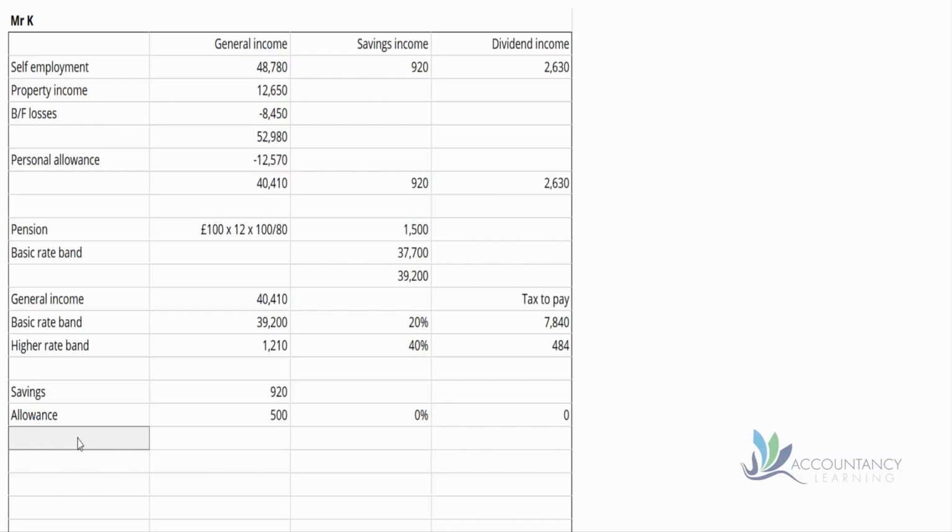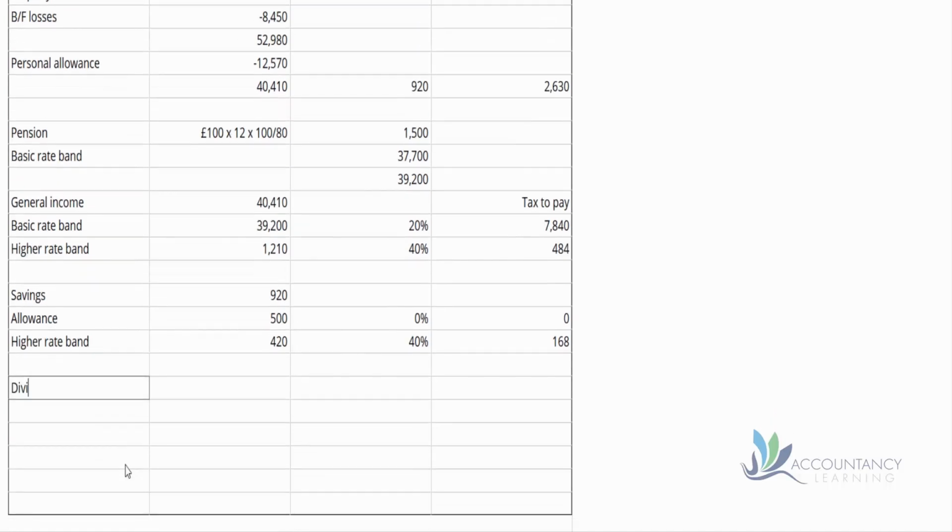Remember, there's no basic rate available anymore. So we have our higher rate band. So that's the remaining £420. That makes up the rest of our income. And this is taxed at 40%, like our general income. So we have £168 of tax to pay.